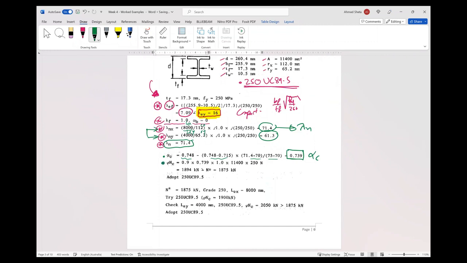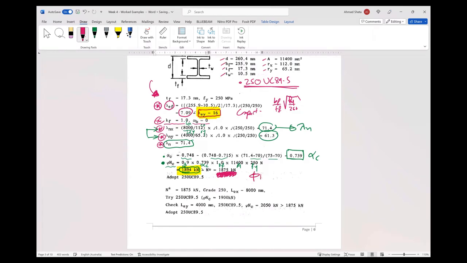So phi NC, the member capacity, will be phi times alpha C times KF times A member times F yield, which we find that this value is 1894 kilonewton, which is more than the N star given at the start of the problem, which is 1875.